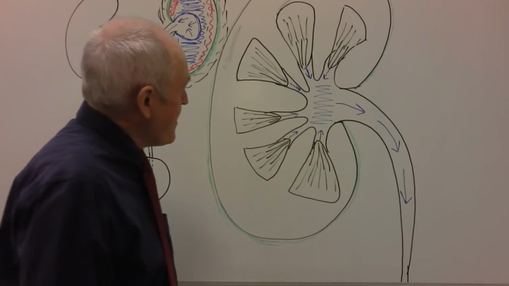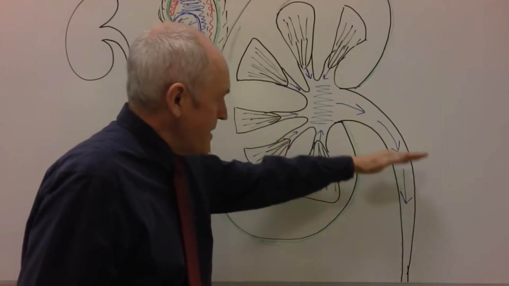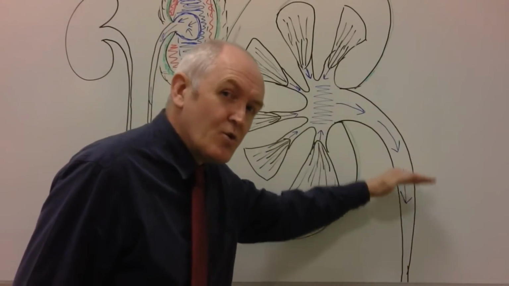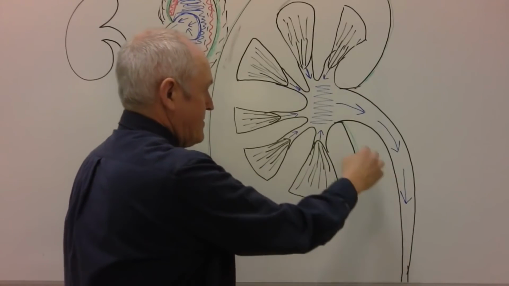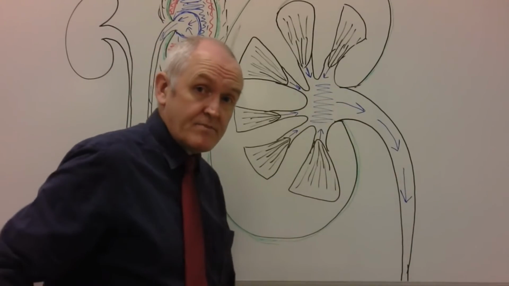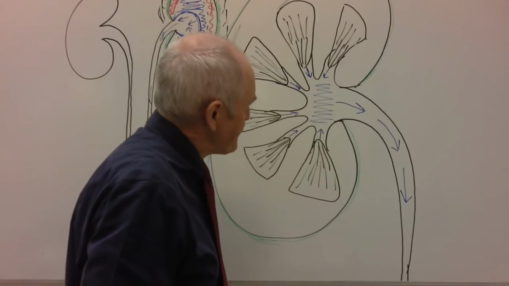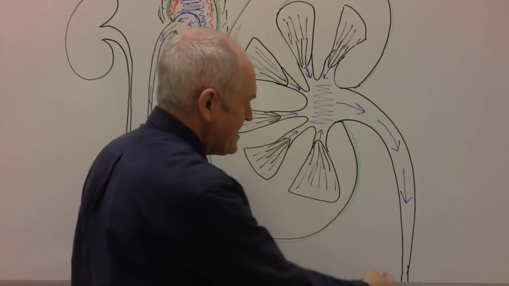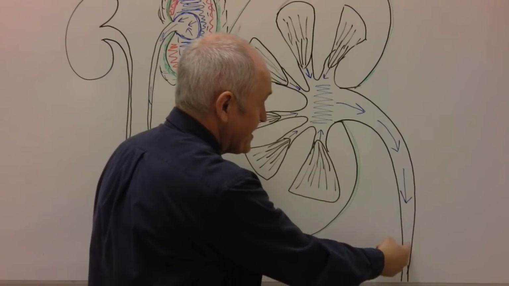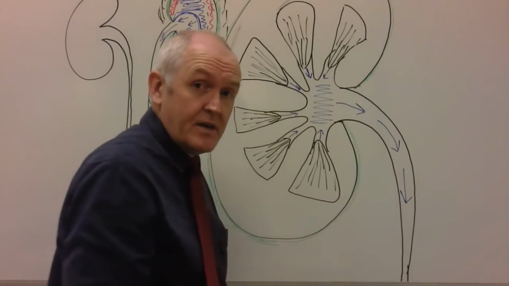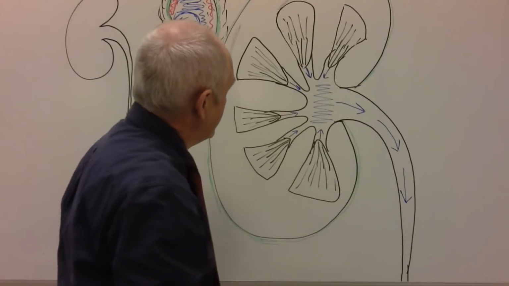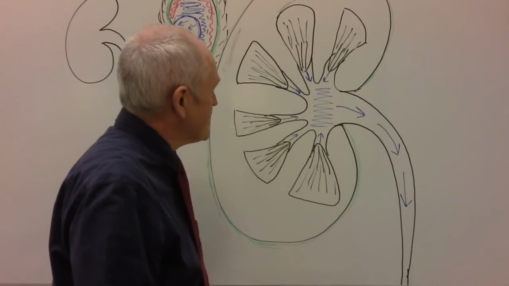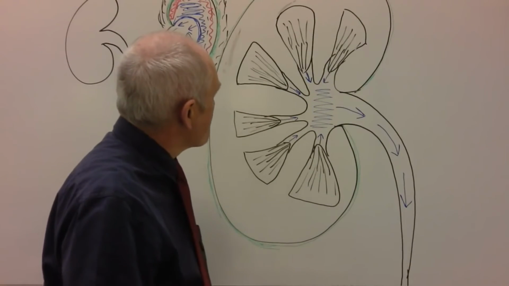Now, urine is supposed to flow down that way, and that's good because that washes all the bacteria down. This area should be sterile, so hopefully there shouldn't be any bacteria. But occasionally bacteria from an ascending infection can get up the ureters and colonise the calyces and the pelvis with bacteria.